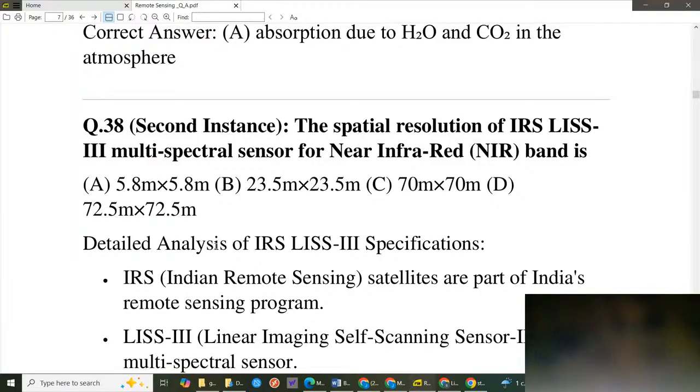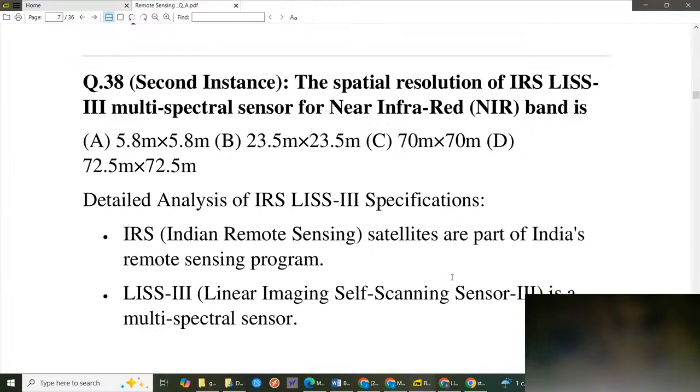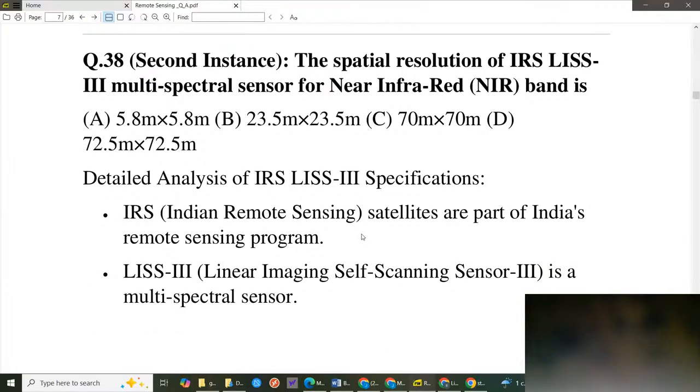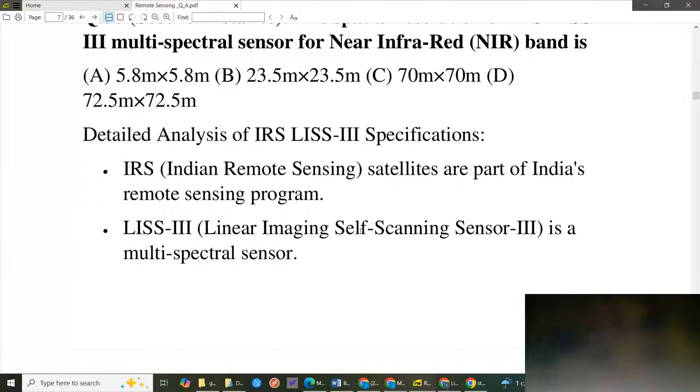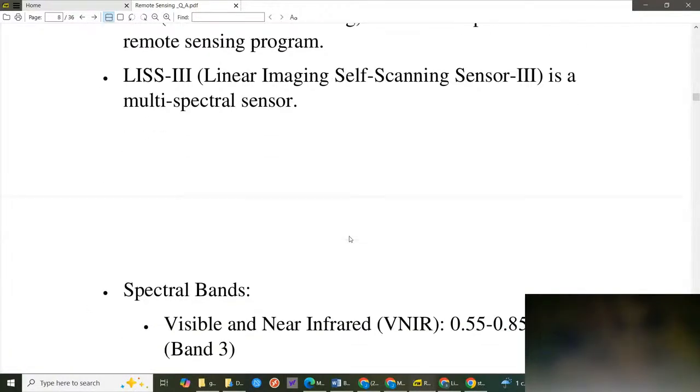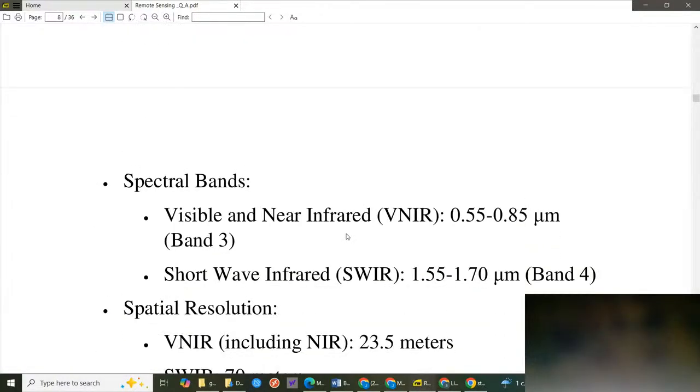The IRS, Indian Remote Sensing satellites, are part of India's remote sensing program. LISS-III is the Linear Imaging Self-Scanning sensor. LISS-III, the multispectral sensor: spectral band visible and near infrared, 0.77 to 0.86 micrometer, is band 3. Shortwave infrared is 1.55 to 1.70 micrometer, band 4.